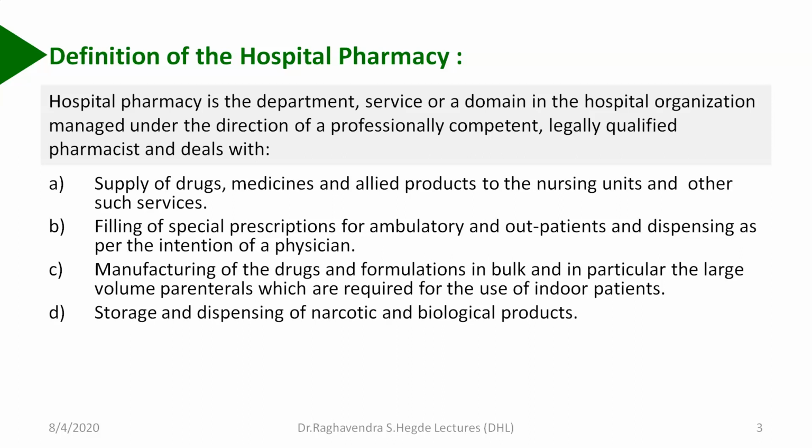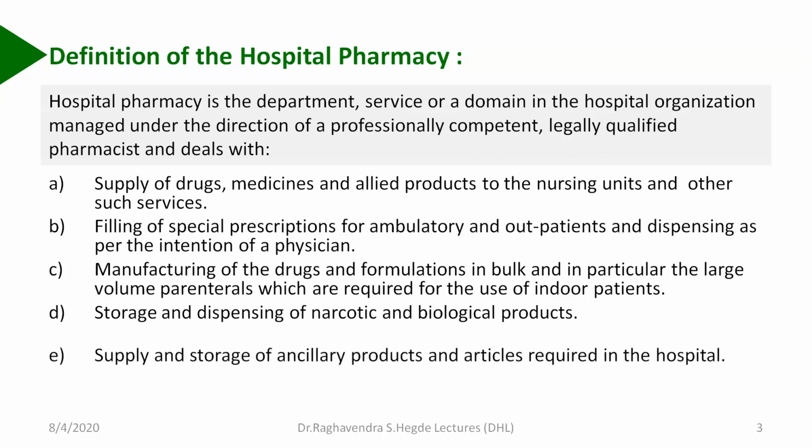They are prescription products, where a large amount of responsibility has been given to the pharmacist to store properly and to dispense those medications only to the required person, only with prescription. Lastly, the supply and storage of ancillary products and articles required in the hospital.